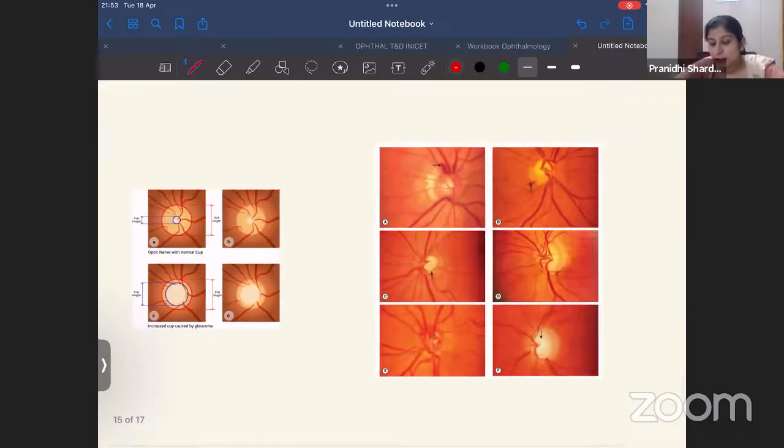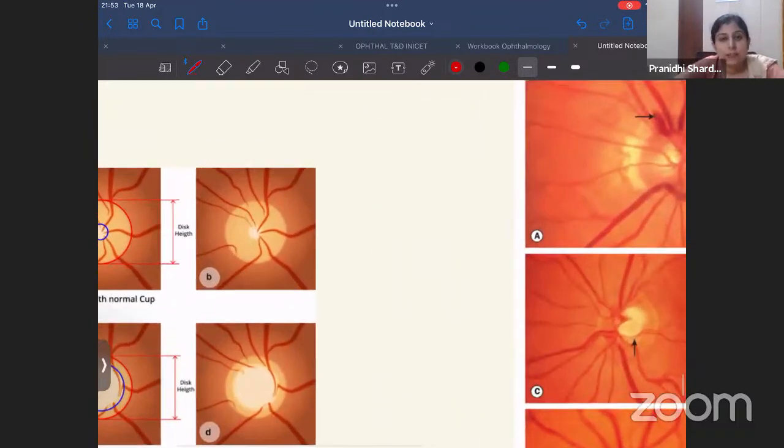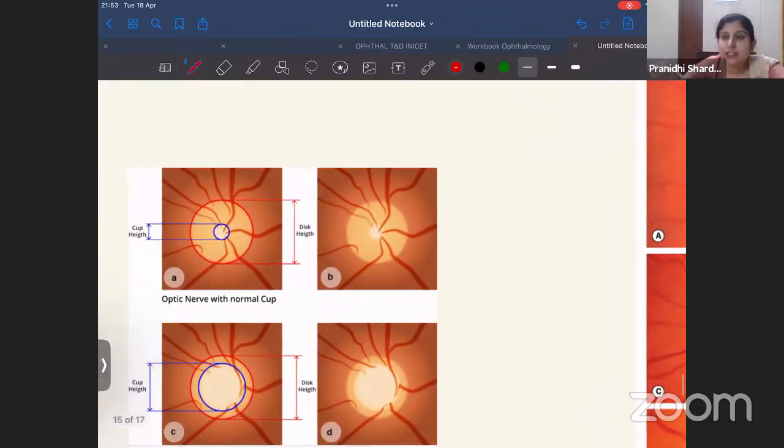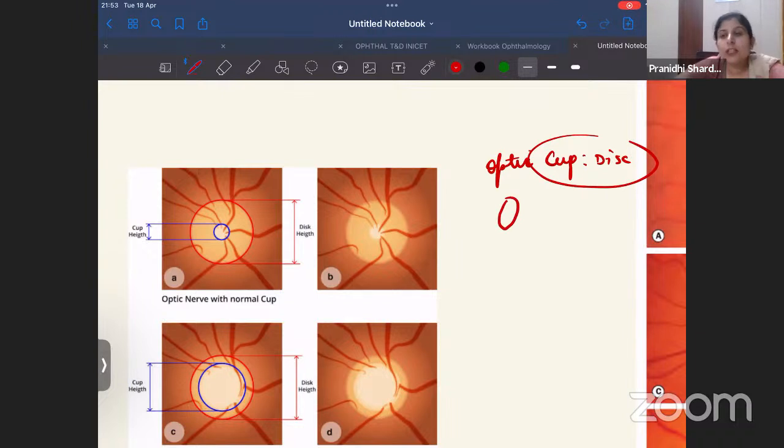So let us quickly revise the optic disc changes. Firstly, the first and very characteristic change of glaucoma is an increase in the optic cup disc ratio. There is oval cupping of the optic disc, with an increase in the CD ratio from the normal 0.3. Whenever it is more than 0.7, it is straight away glaucoma.